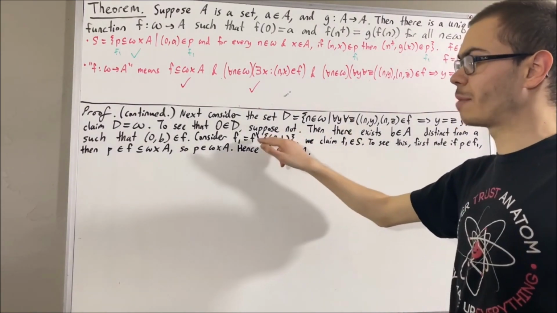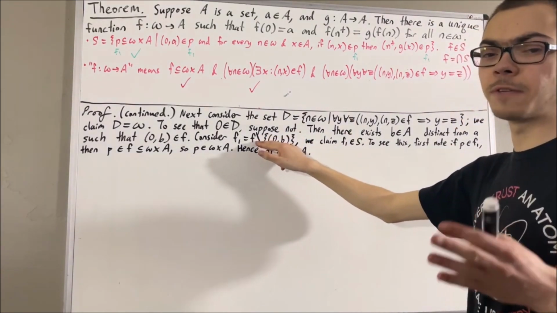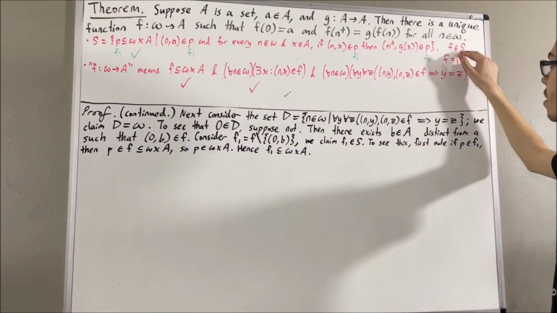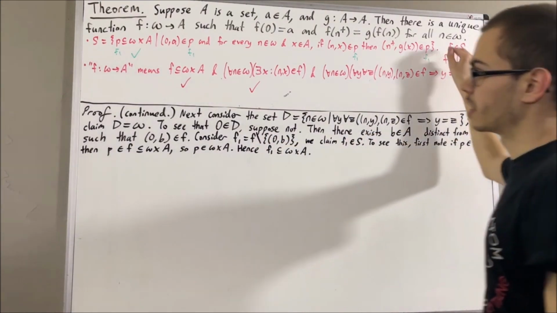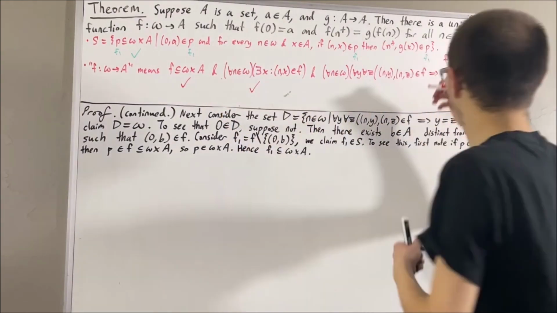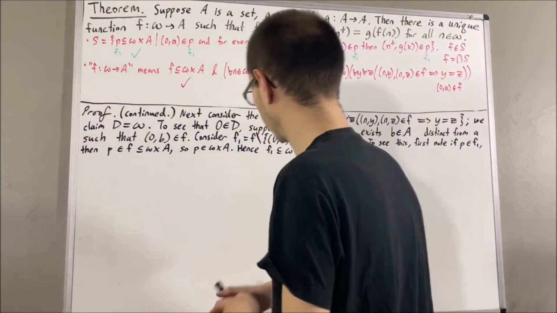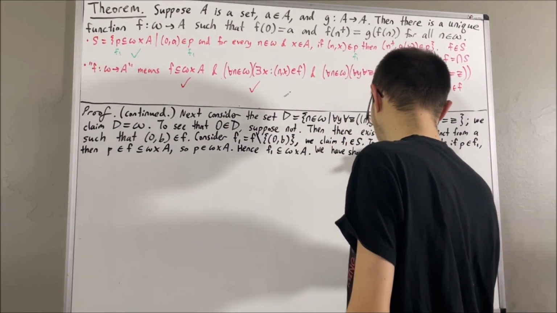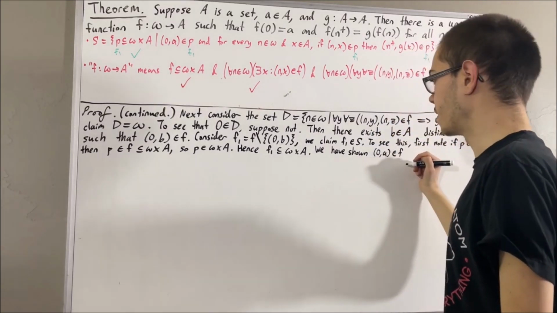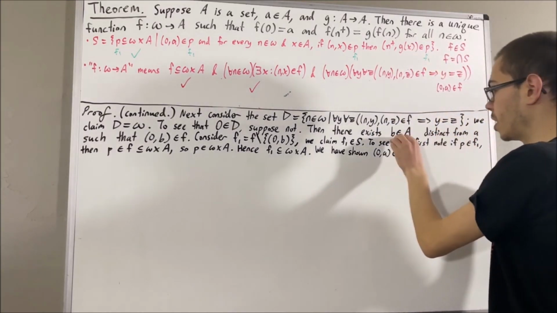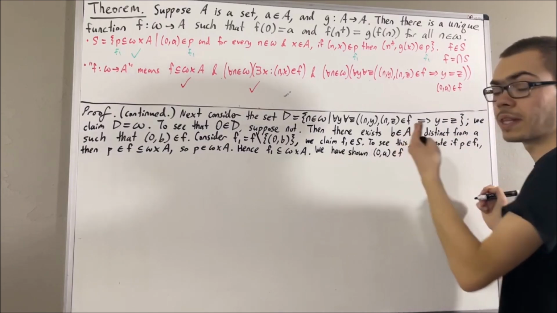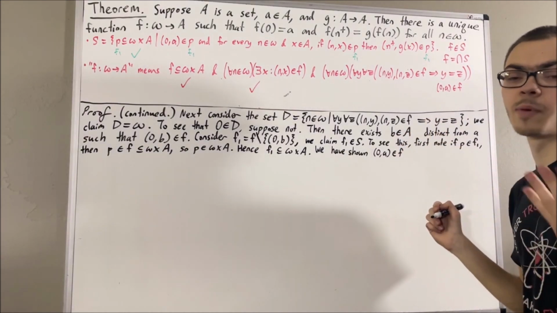Now we know that (0, A) is an element of F. That comes directly from when we showed F was an element of S. One of the things that we showed was that (0, A) was an element of F. But also, since A and B are distinct, there's no way that (0, A) could be equal to (0, B).